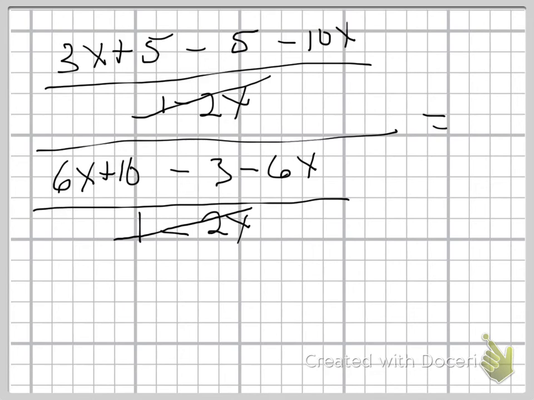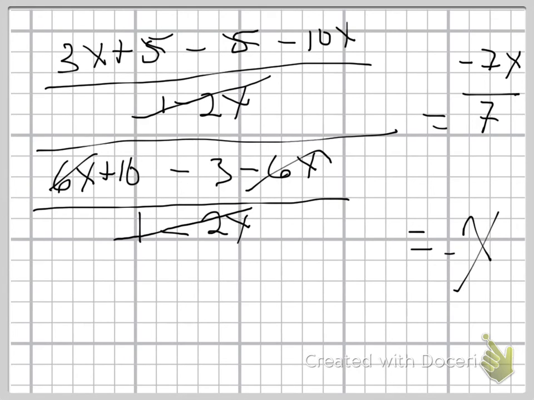Now, if I can combine some like terms here, 5 and minus 5 cancel out. 3x minus 10x is minus 7x. And that's going to be over, let's see, 6x and minus 6x are 0, 10 minus 3 is 7, and that gives me negative x.